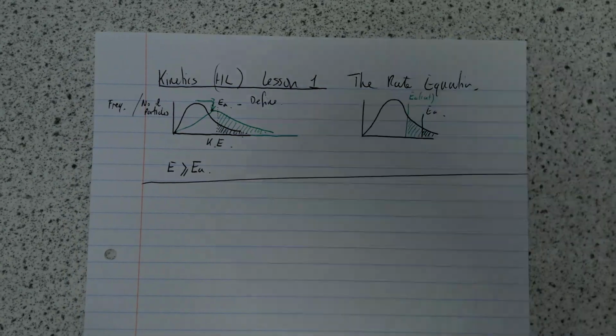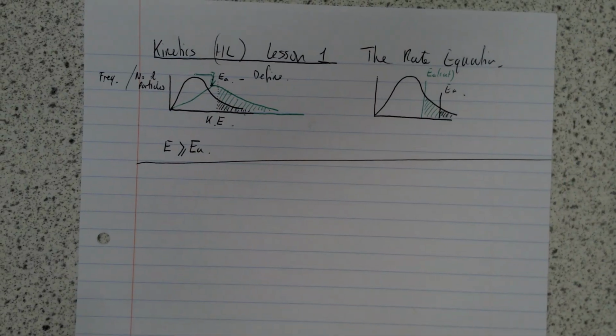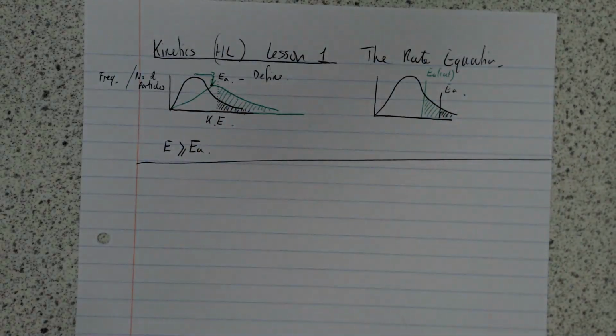Right. Okay. So we're just going to assume now that we're starting from the beginning, but you've been told for a long time that basically if you increase the concentration of a reactant, then the rate increases, and we're just going to talk about why for a second.